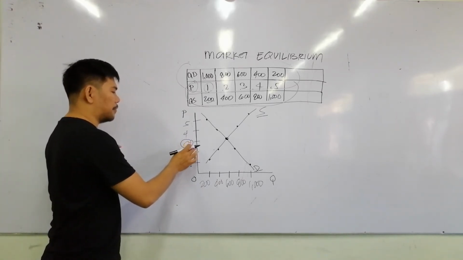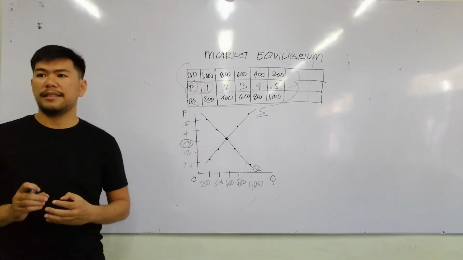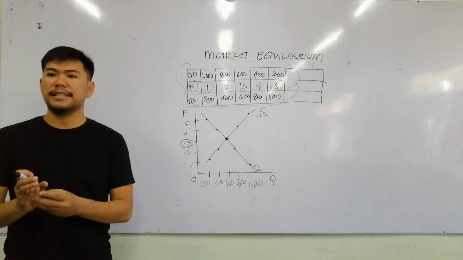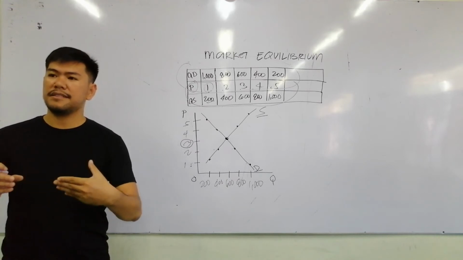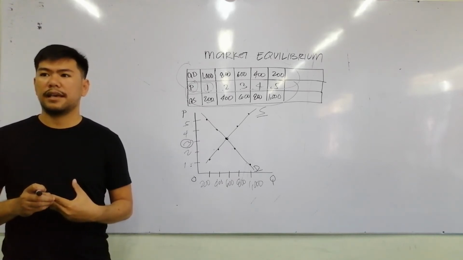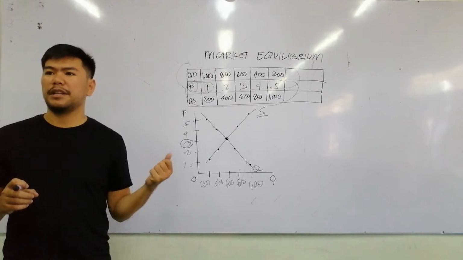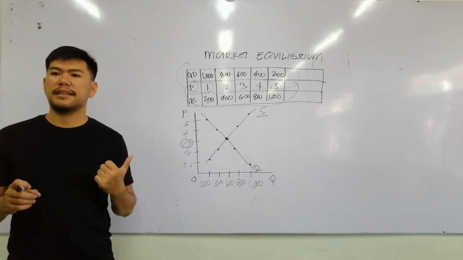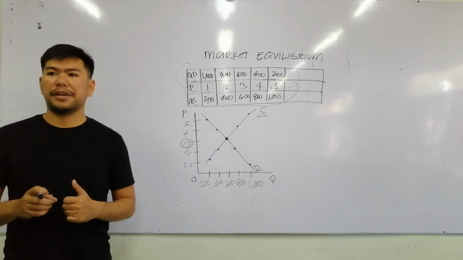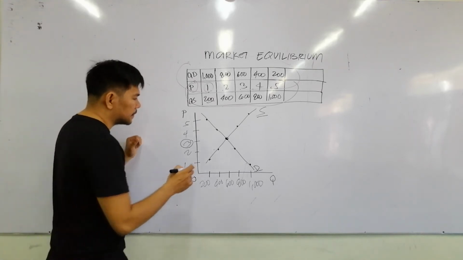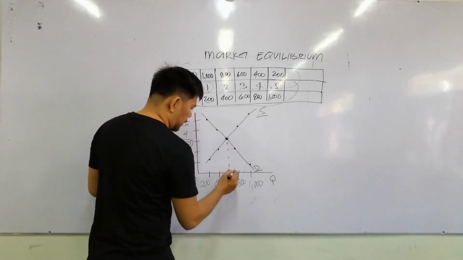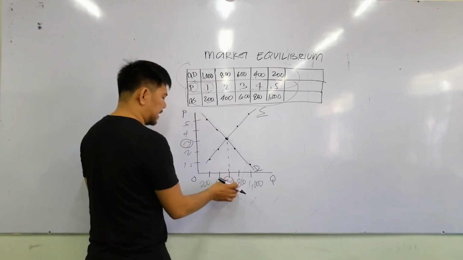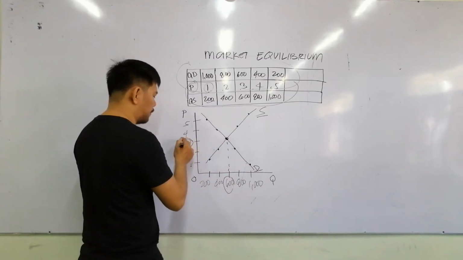The 3 is the equilibrium price, the price at which the sellers and the buyers agree so that the transaction will occur. Later on you will know what happens if the seller sets the price higher than 3, and what happens if the seller sets it lower than 3. You also have your equilibrium quantity: both the sellers and the buyers agree on 600 units at the price of 3.